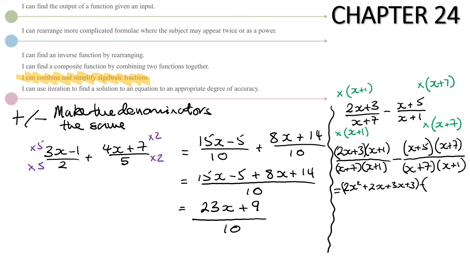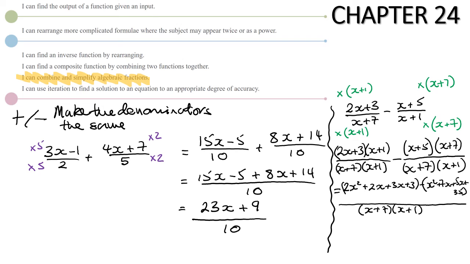From the second one, I'll have x squared plus 7x plus 5x plus 35, run out of space, all over x plus 7, x plus 1.